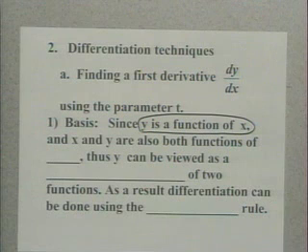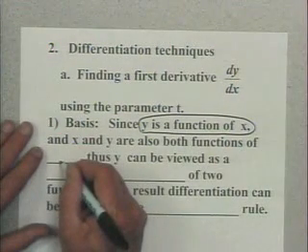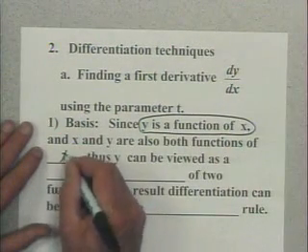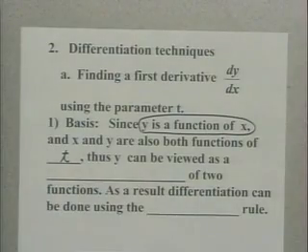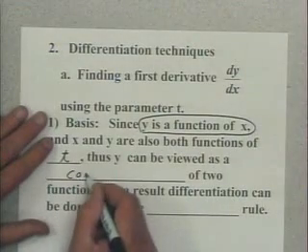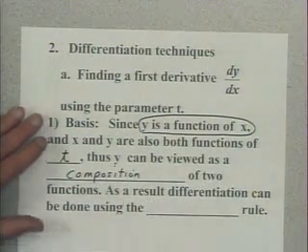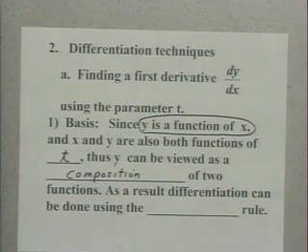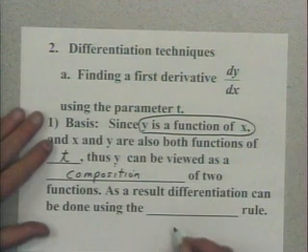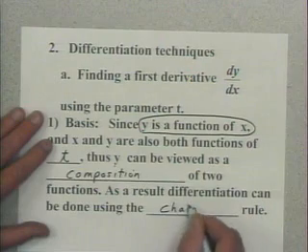You know, like y equals e to the 2x minus log of x or something. But x and y are both functions of what? T. Thus y can be viewed as a composition of 2 functions. And whenever we want to do the derivative of a composition, we use the infamous chain rule.